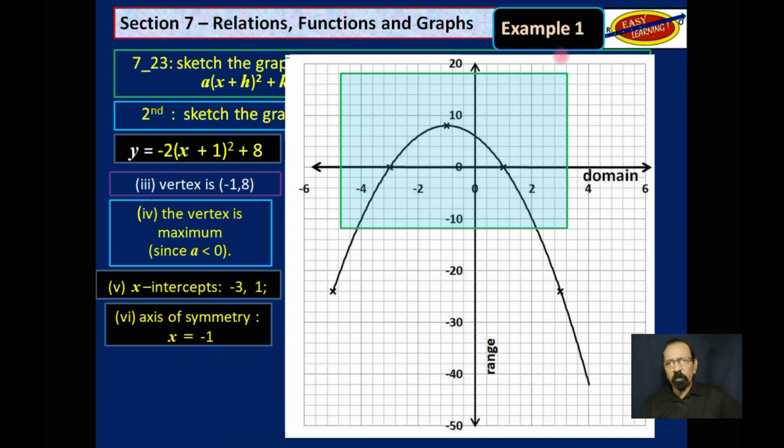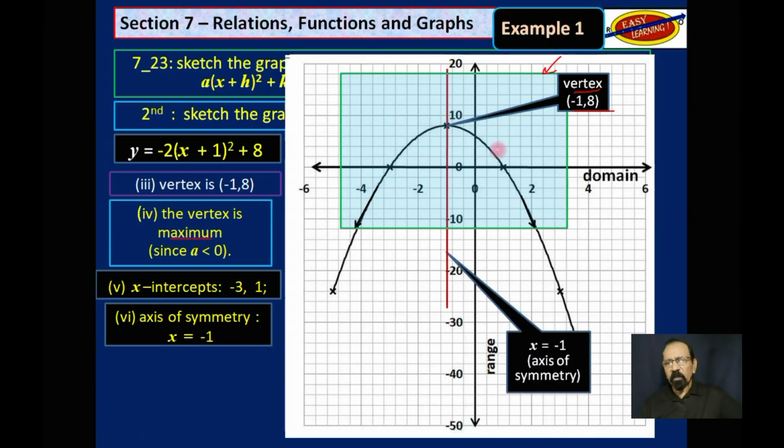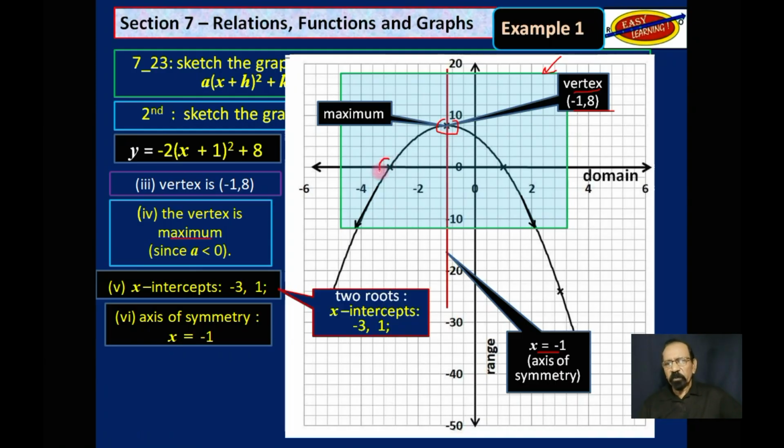Maybe just this piece that you see here in the green box. We have the vertex, -1, 8, the highest point. It is maximum. We have the axis of symmetry. We know that point is maximum. We know the roots are here and here.